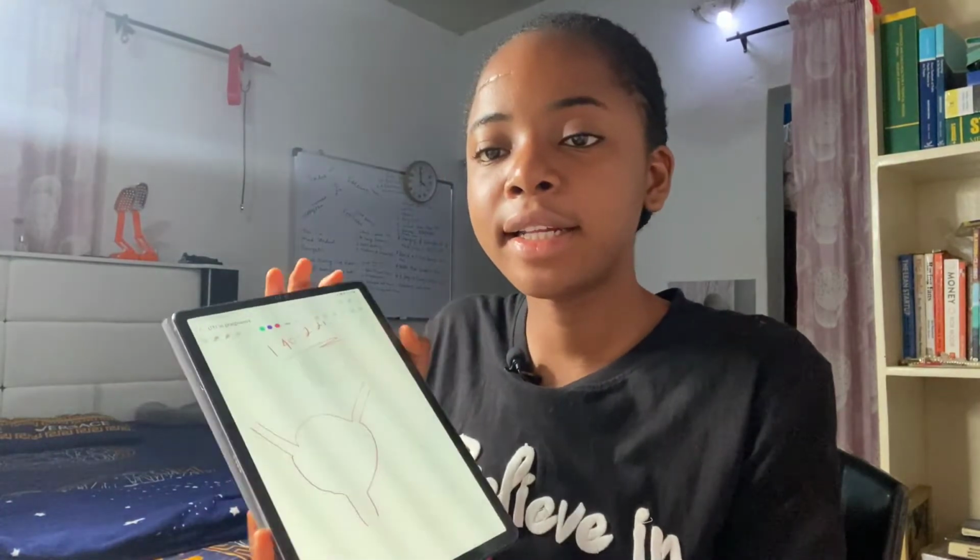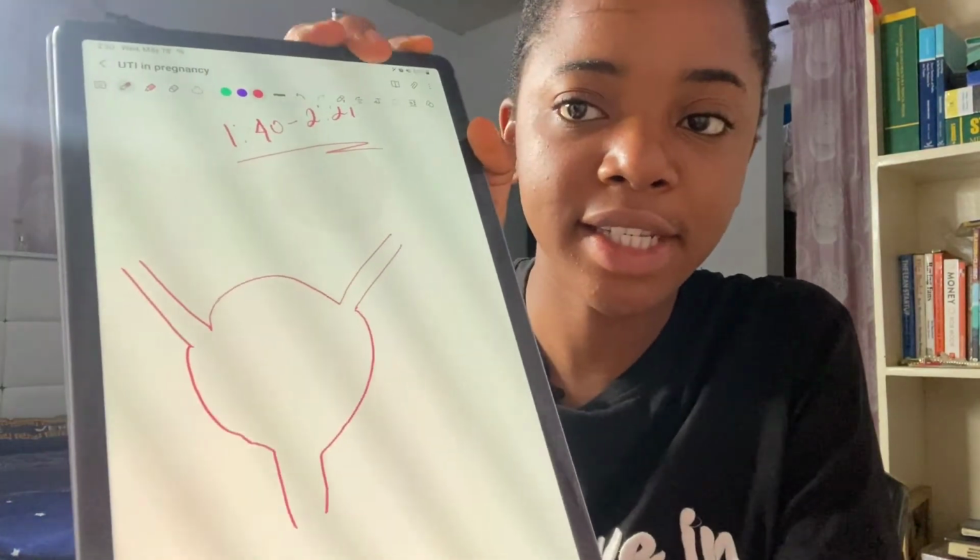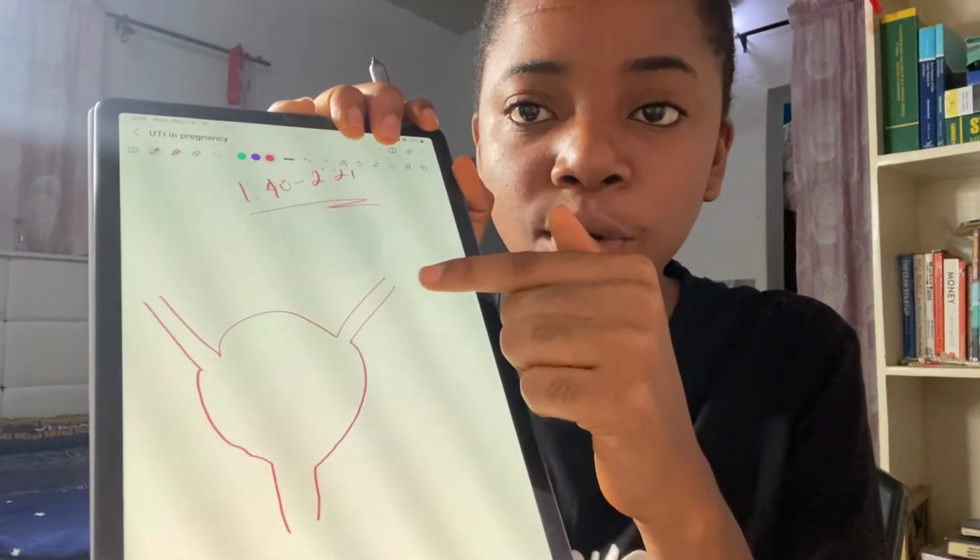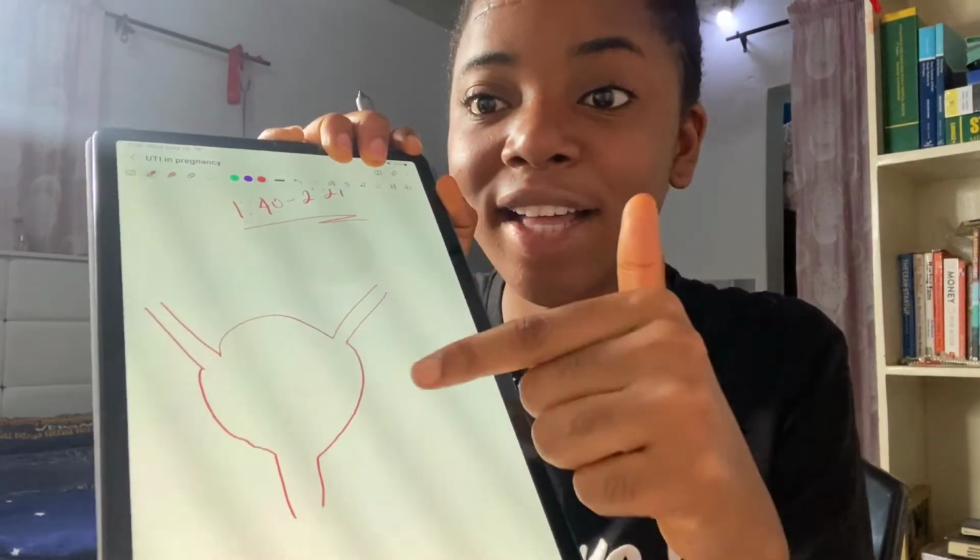There's a little bit of confusion, so let me draw the bladder for you. Don't mind my drawing. If you look at the bladder, this upper part is called the ureter, and this is called the urethra.